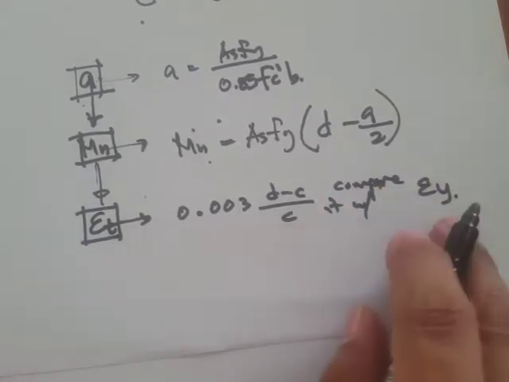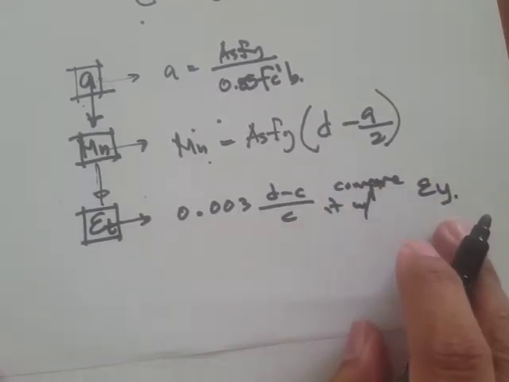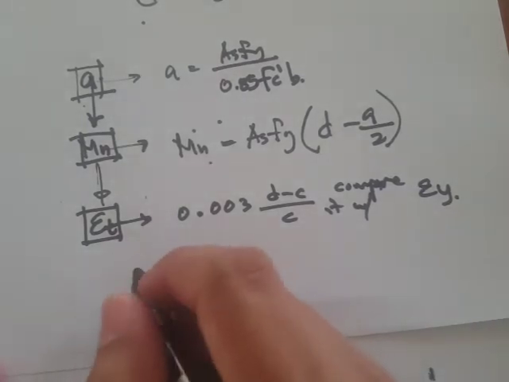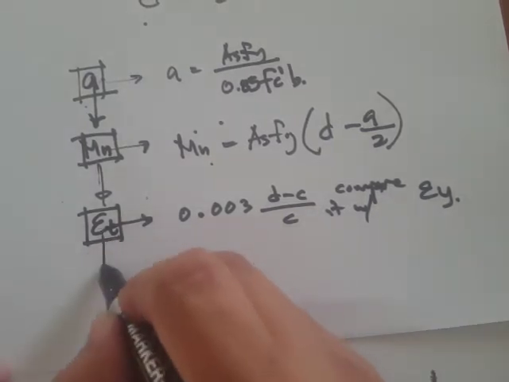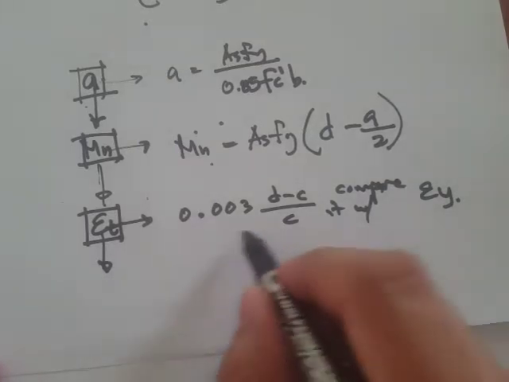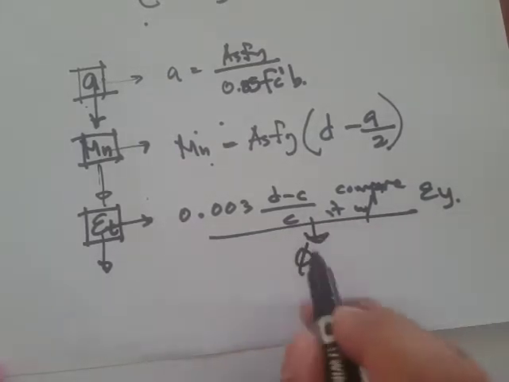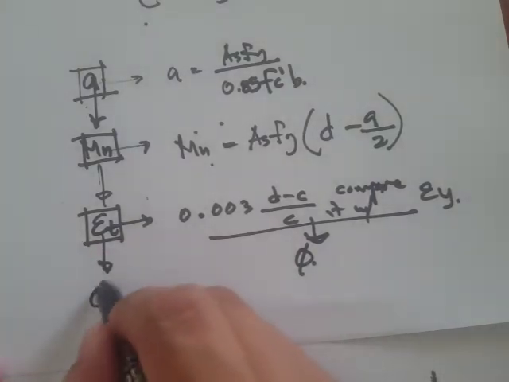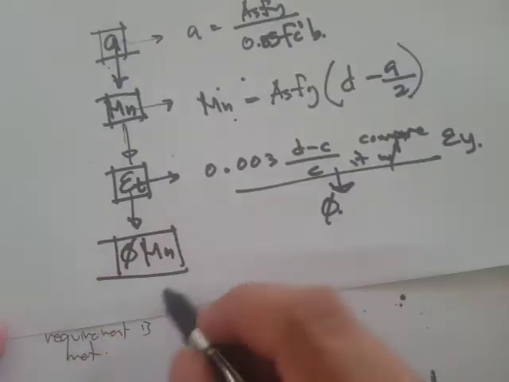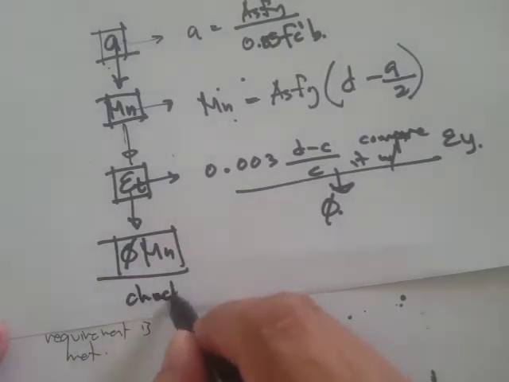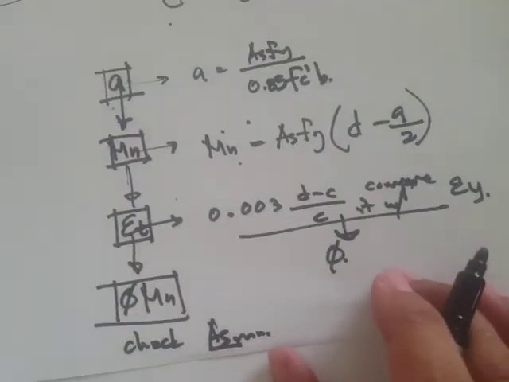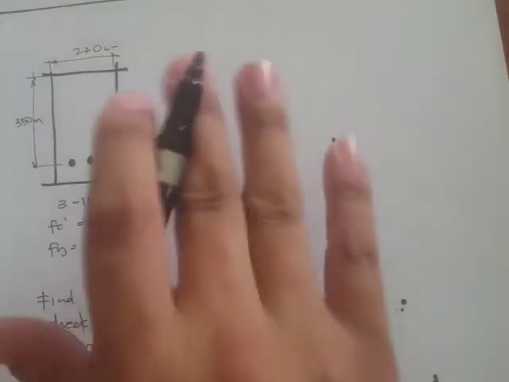Once you have the yielding strain, then you can determine whether you are in the transition region or tension-controlled region and so on. Once you have this, you can determine the strength reduction factor. Then you can solve for the factored moment capacity. Once you solve this, we'll just have to check the minimum As.